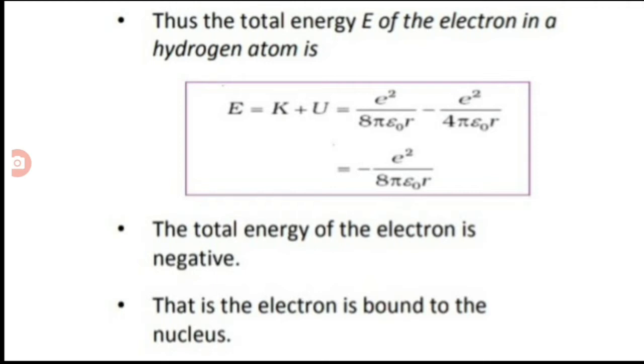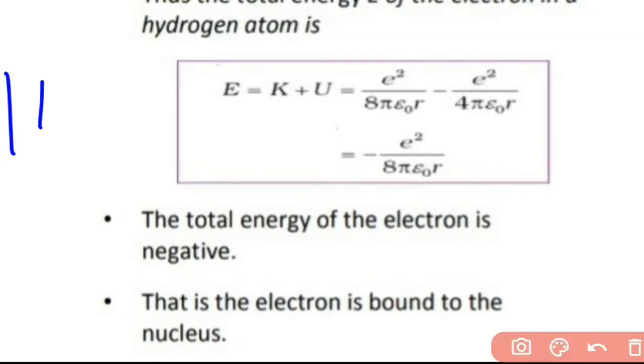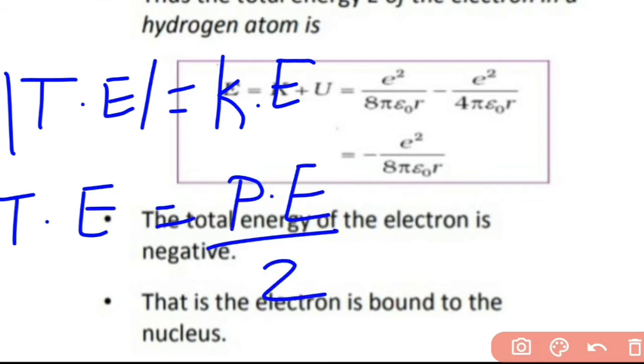Total energy is minus e square by 8 pi epsilon 0 r, and potential energy is minus e square by 4 pi epsilon 0 r. So total energy is half the potential energy. That means the magnitude of total energy is the same as kinetic energy, and total energy is half of potential energy.